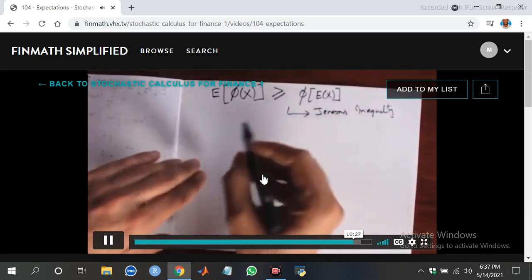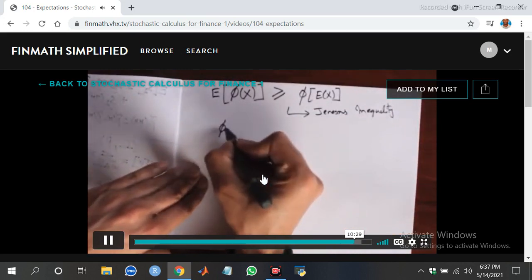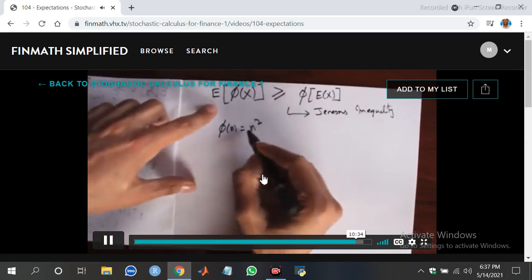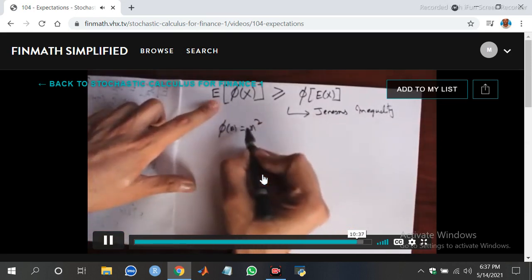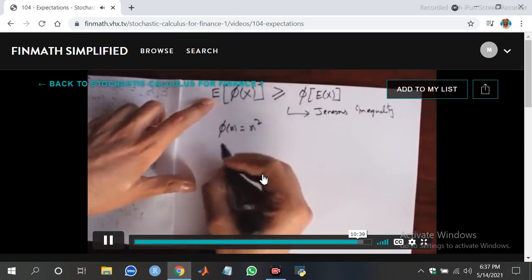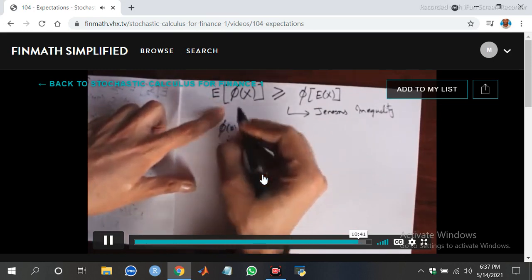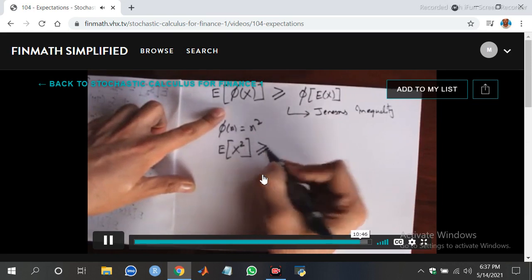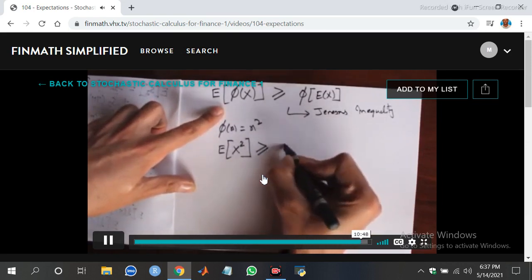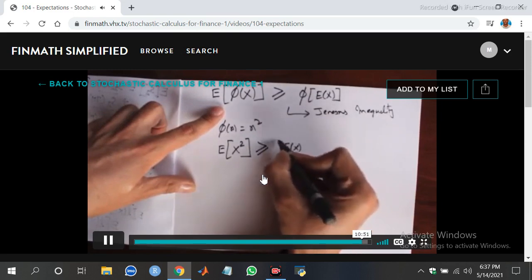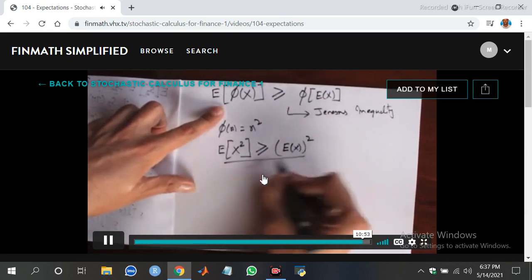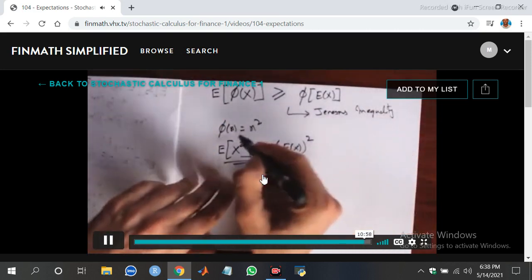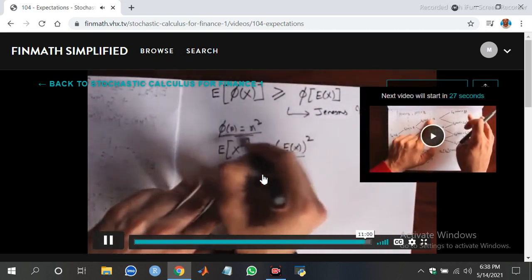Okay, now let's consider a convex function of x, such as x squared. If we apply Jensen's inequality to this, substituting capital X, the expected value of x squared is greater than or equal to the expected value of x, whole squared. This comes right from Jensen's inequality, keeping in mind that x squared is a convex function.